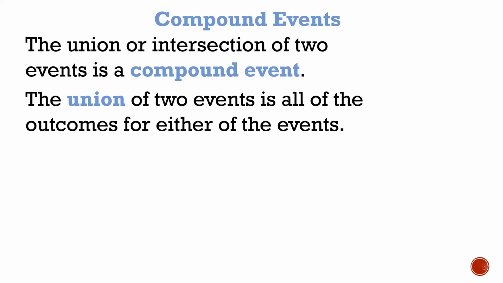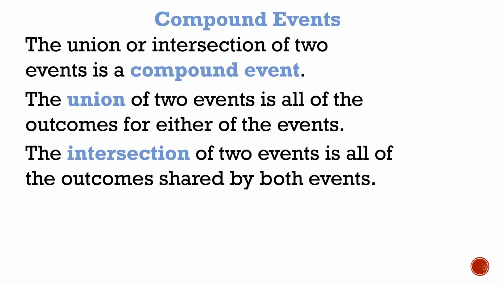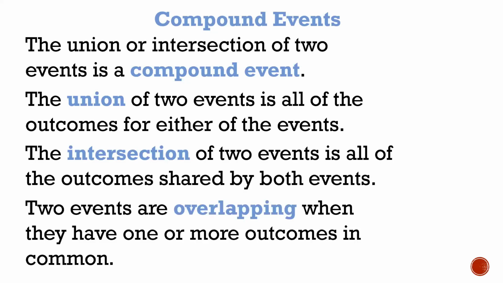I could roll a 6. The union of two events is all outcomes for either or both of the events. The intersection is all outcomes shared. Two events are considered overlapping if they have one or more outcomes in common.